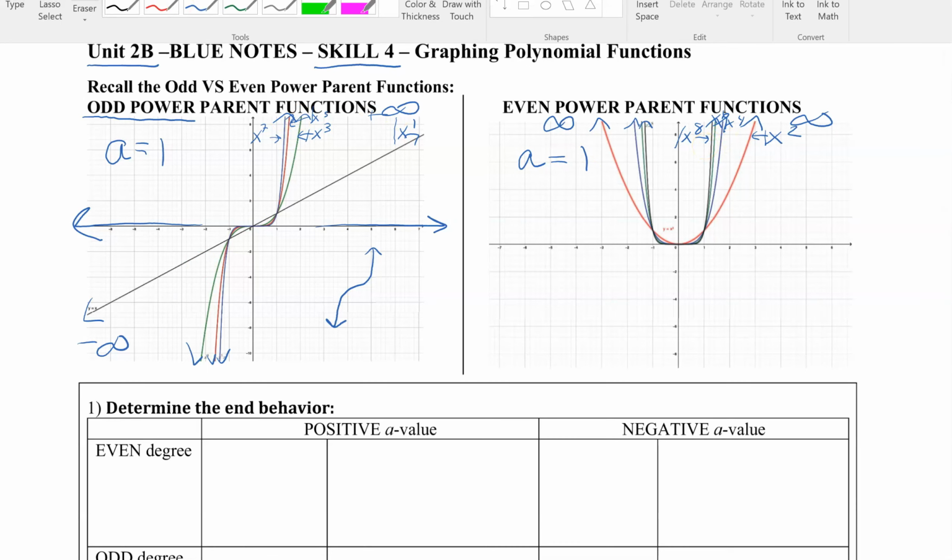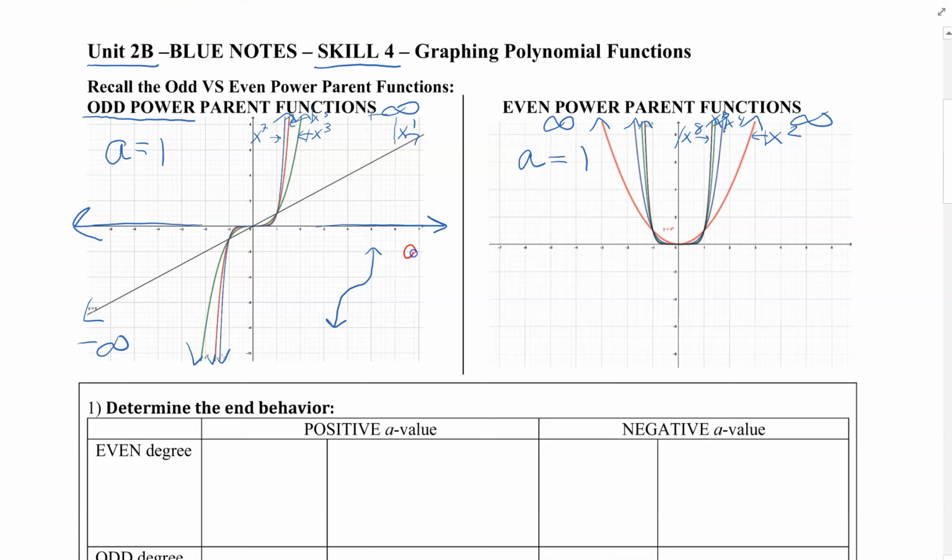So then the question is, what would happen if the a value was negative 1 or any other negative number? If you recall from our transformation rules, negative leading coefficients cause the graph to vertically reflect over the x-axis. So for these odd degree ones, all these y values here on the right that are currently positive because the a value is positive would all become negative should the a value or the leading coefficient be negative, so they would reflect down this way.